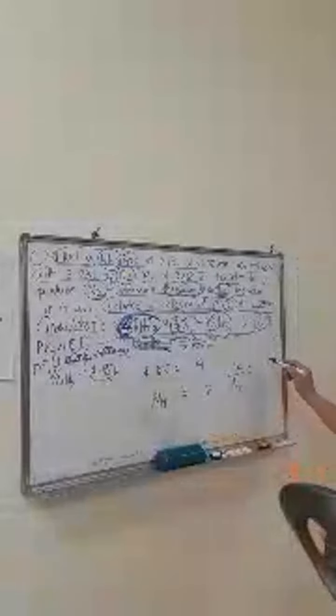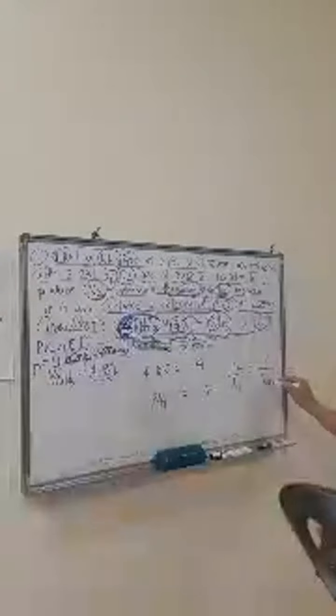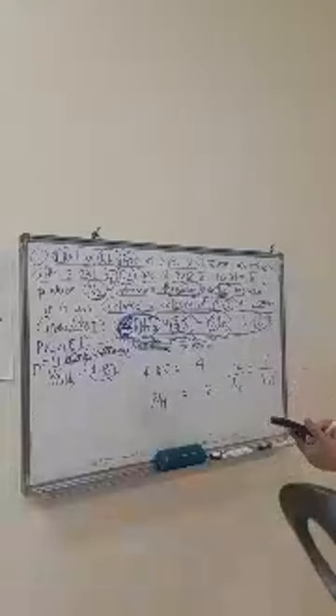2 over nitrogen, okay, and then 4.85, so you can get it also. 4.85, ammonia is what we refer to, times 2 divided by 4.